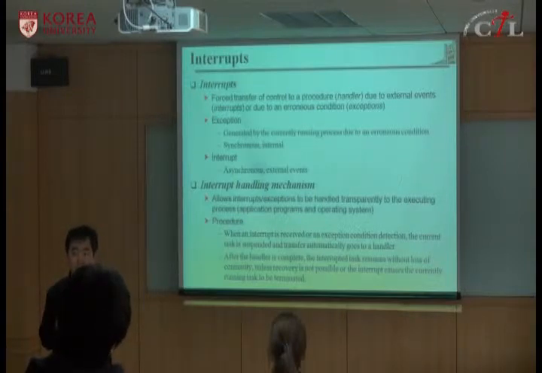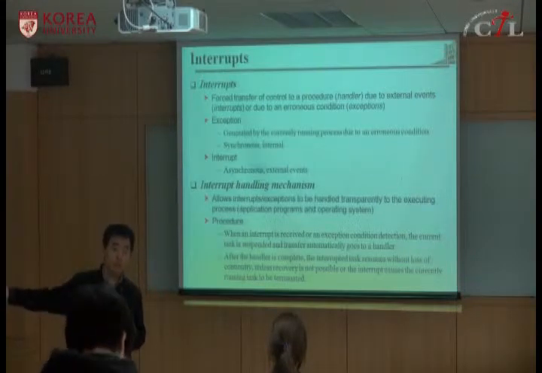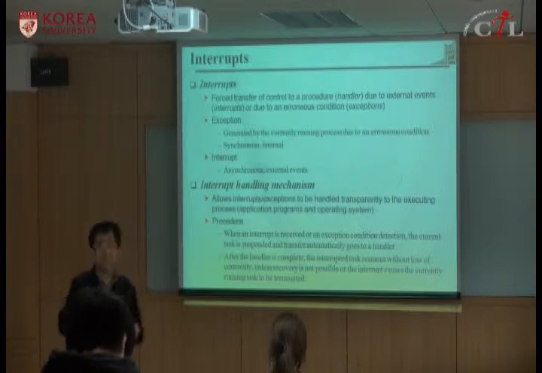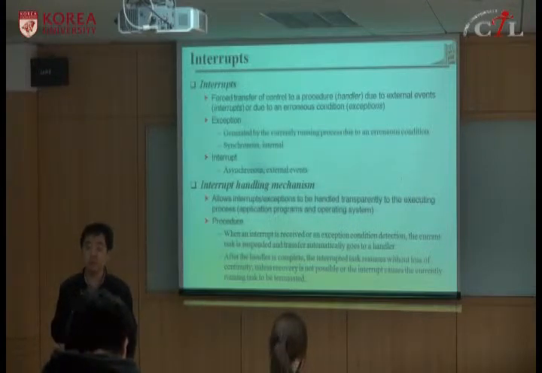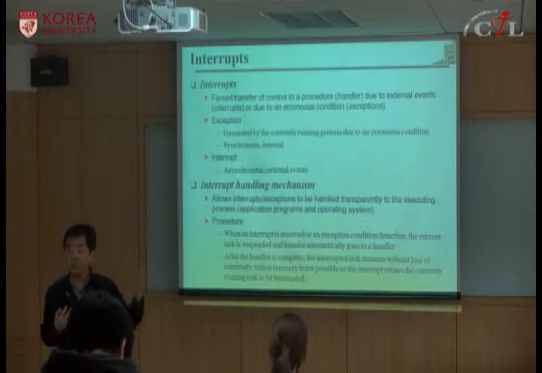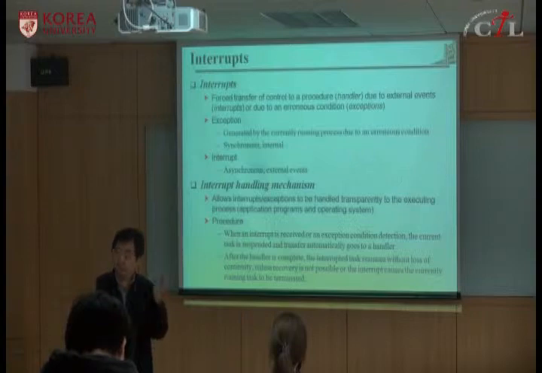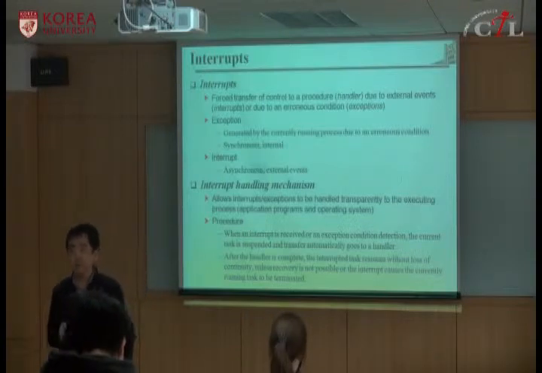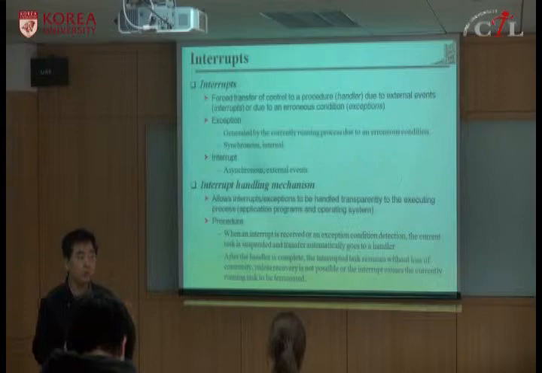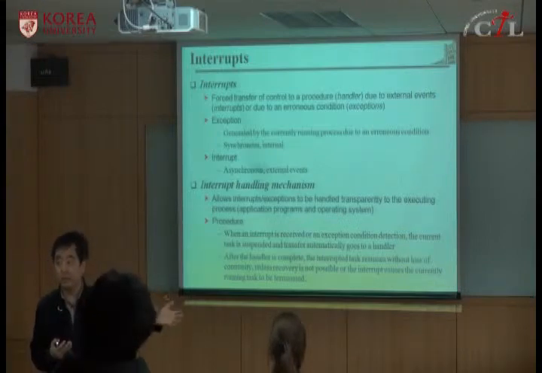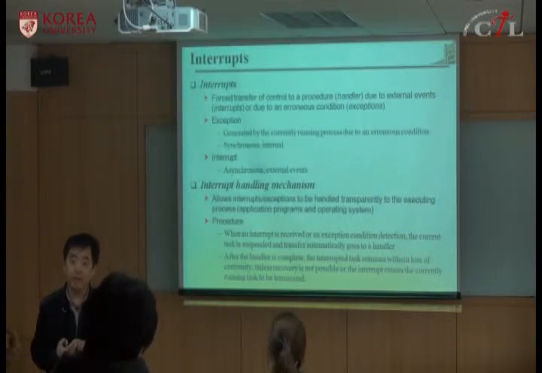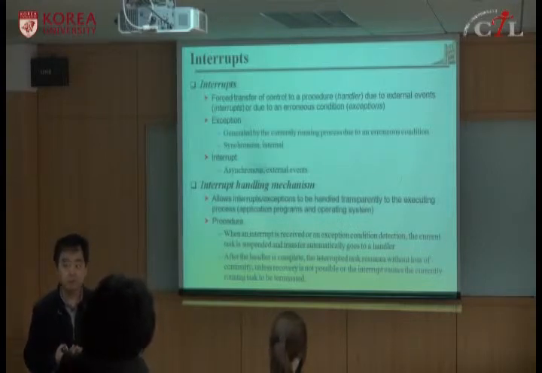An example is a TLB miss or page miss that requires the operating system to bring the page from the disk drive into the main memory so that the processor can read the instruction, because the processor always assumes instruction or data should be in the main memory. If it's on the disk, then it has to be stopped. The control goes to the operating system eventually, and the OS should find the page on the disk drive and read it into the main memory. And then the instruction should restart. This is called exception.